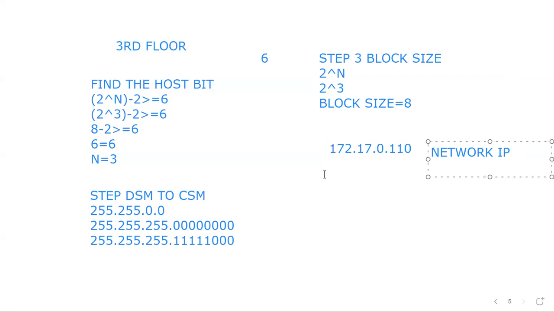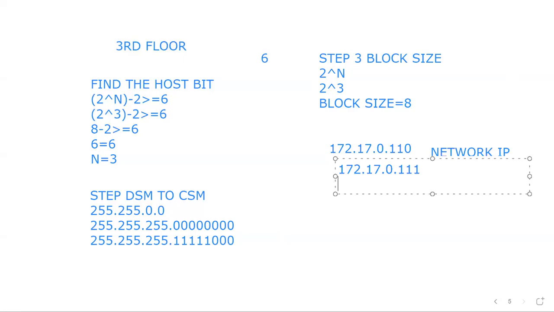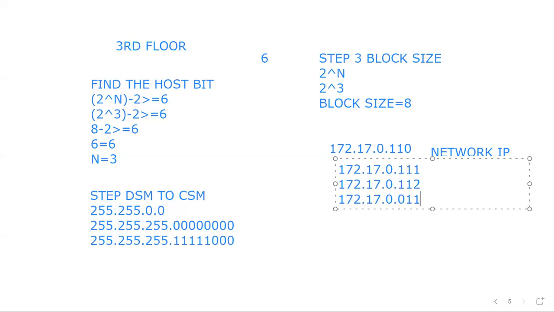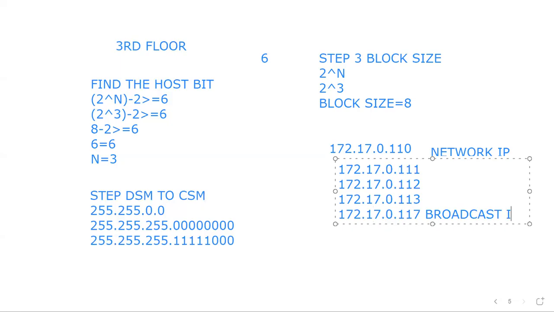And our valid IPs are 172.17.0.111, then 172.17.0.112, 172.17.0.113, up to 172.17.0.117, which is our broadcast IP. Right?